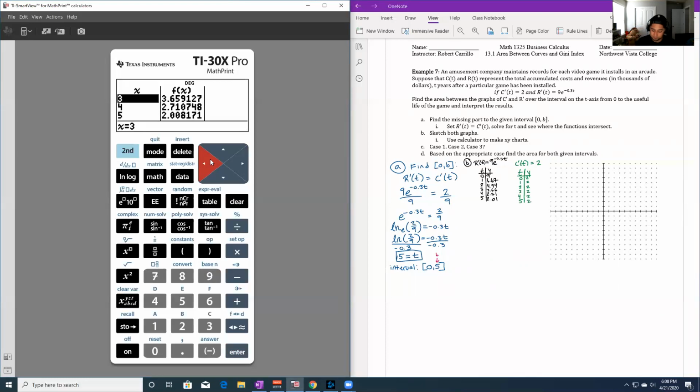Okay, now let's graph. So we're going from 0 to 5. I can definitely stretch this graph out. So 0, 1, 2, 3, 4, 5. And then for my y values, the highest I go is 9.